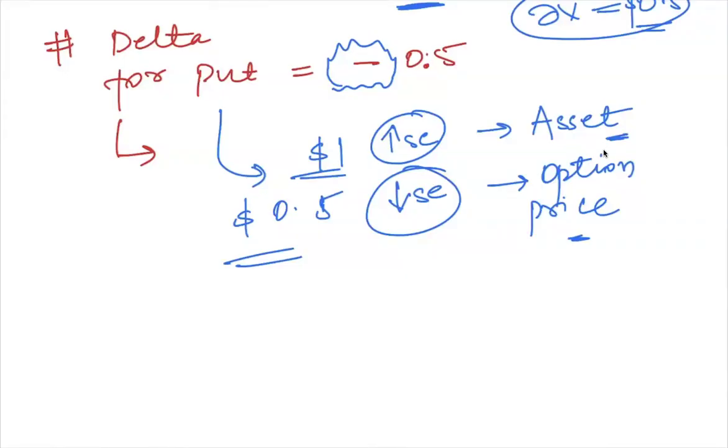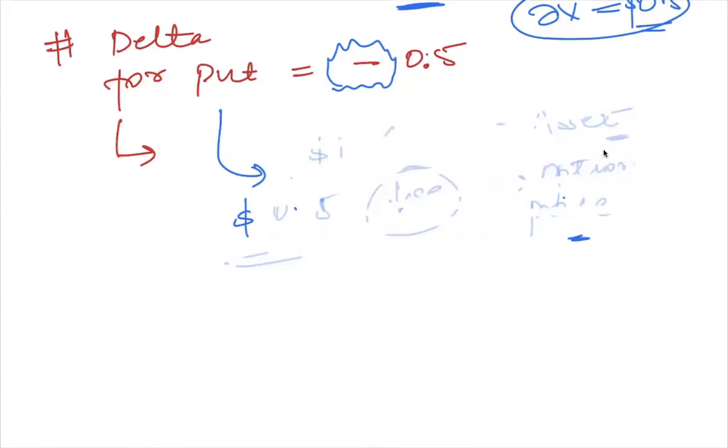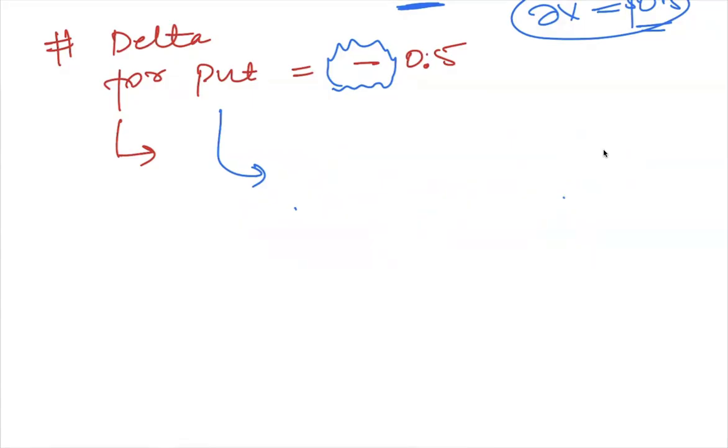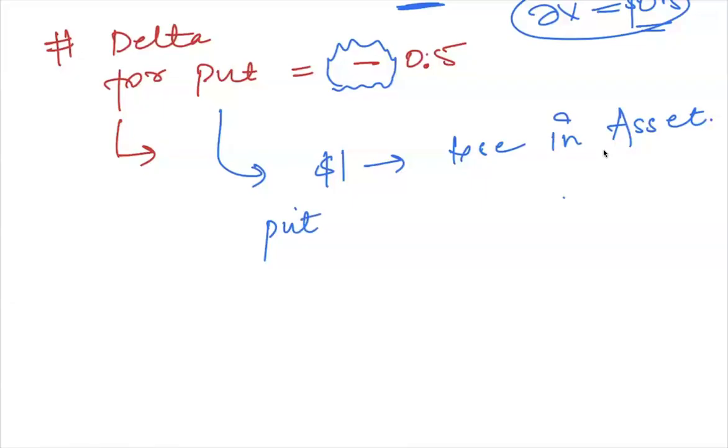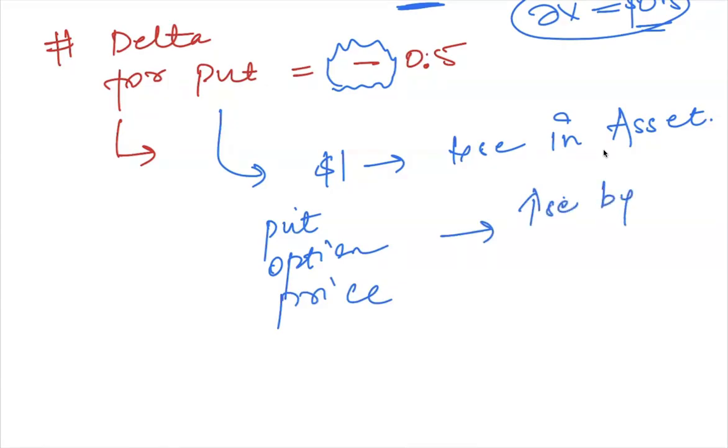Or to put it in better words, a delta of negative 0.5 basically means that for every $1 decrease in the underlying asset, the put option price will actually increase by how much? $0.5.